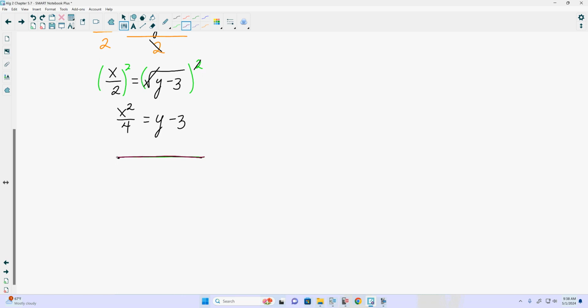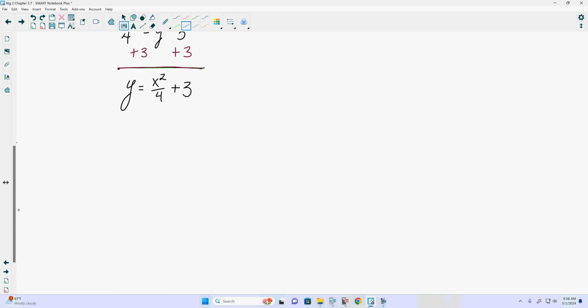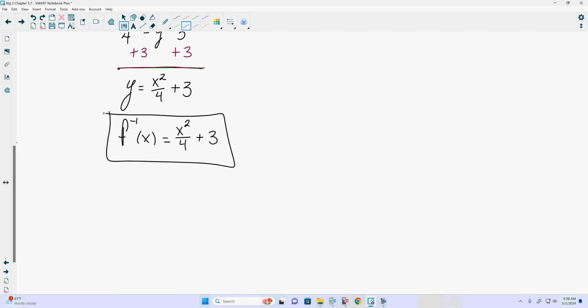Is y by itself now? So we would add 3 to both sides, telling us y is equal to x squared over 4 plus 3. And yes, we could technically rewrite it as a single fraction if we wanted to.